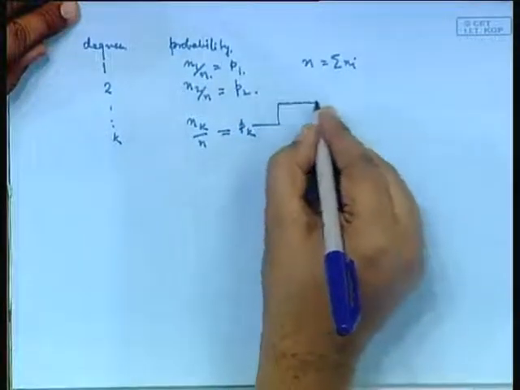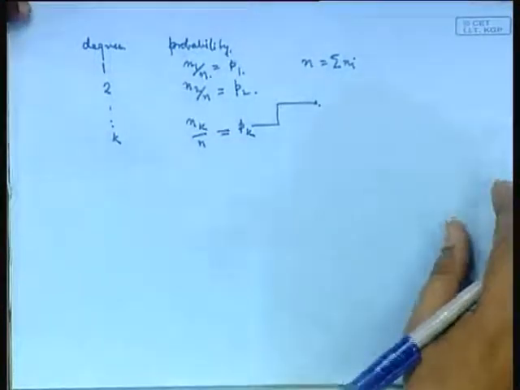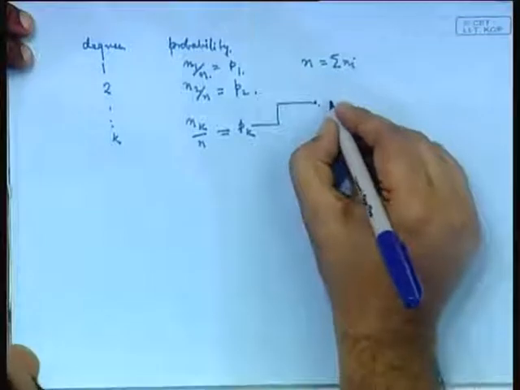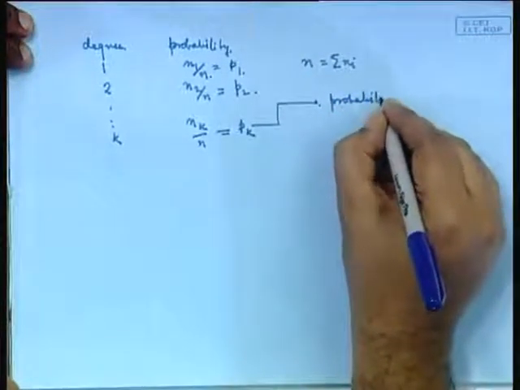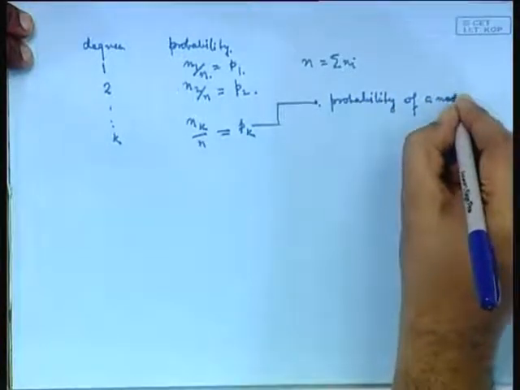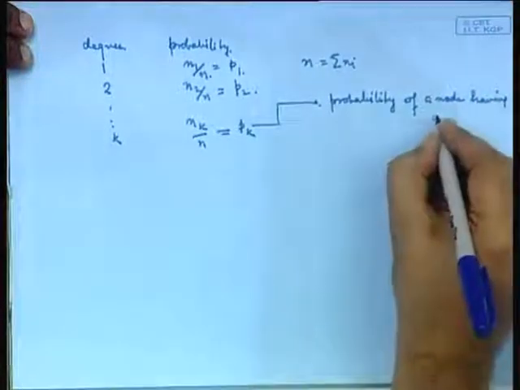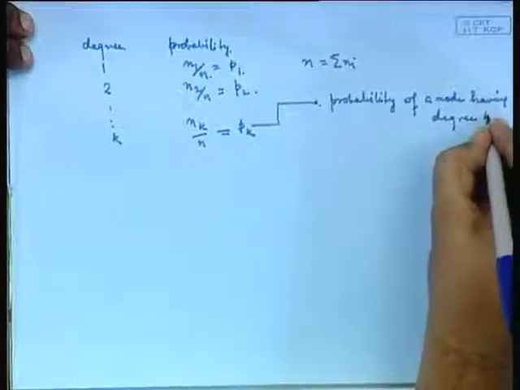So, can you say what is p_k? Probability of a node having degree k.